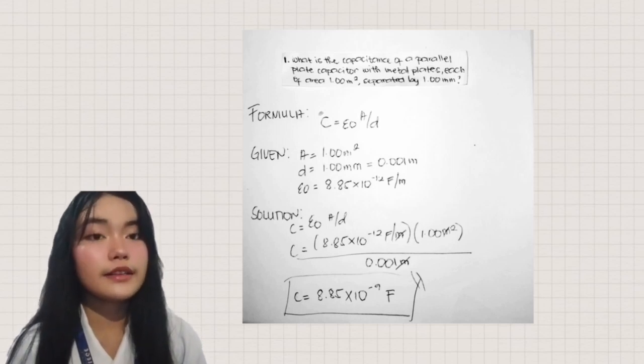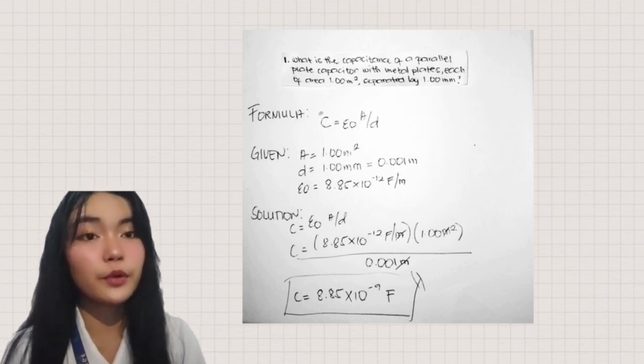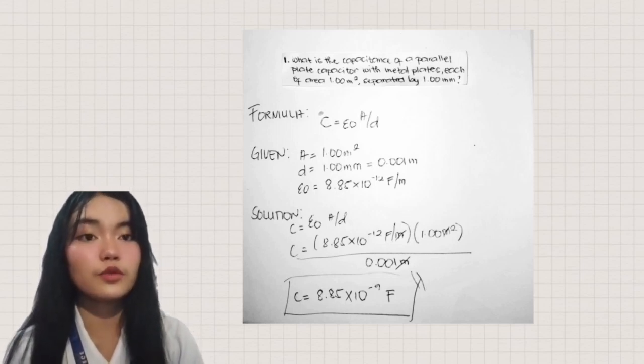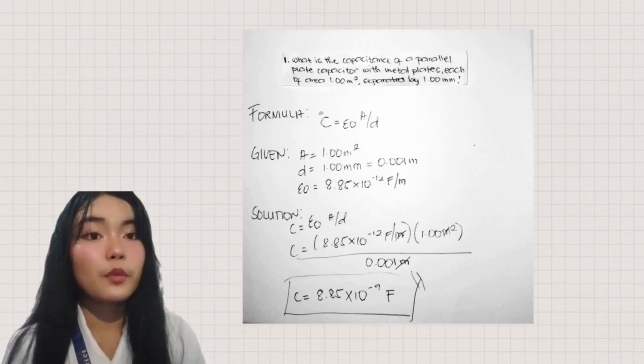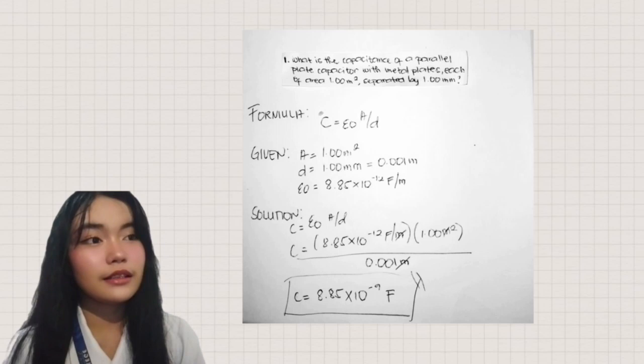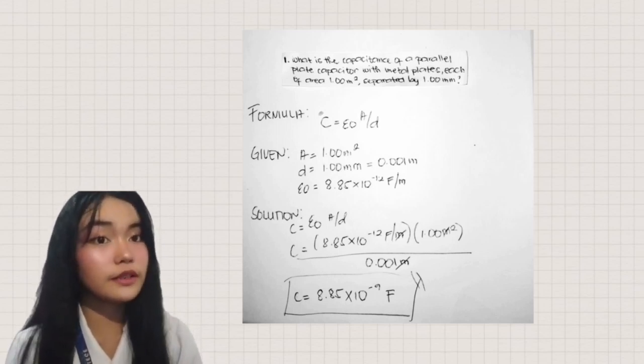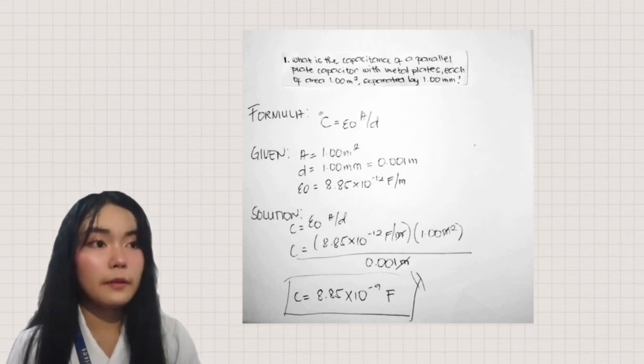A equals 1.00 meter squared. d equals 1.00 millimeter, or if we convert it into meters, 0.001 meter. And epsilon naught is 8.85 times 10 raised to the power of negative 12 F per m.